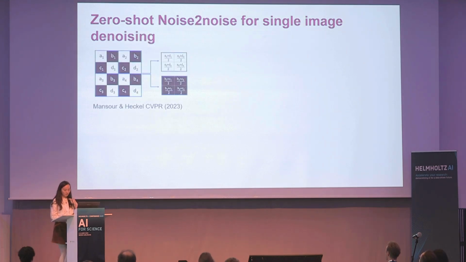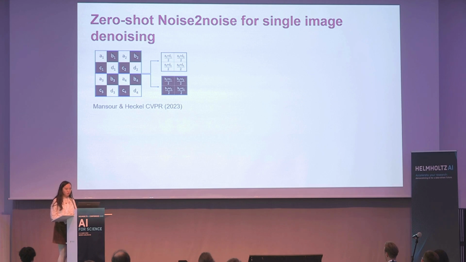One recent trick is called zero-shot noise-to-noise for single image denoising. This was published at CVPR, developed by a group at TUM. What they do is take the image and split it into two subsets, like a white and black checkerboard pattern, and you can see each has half the resolution of the original image.